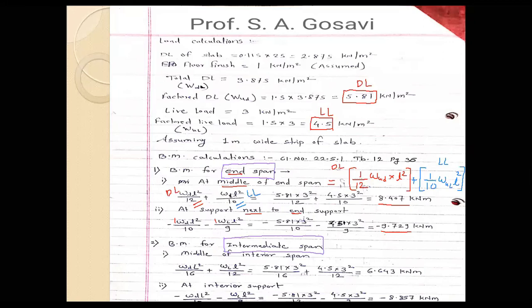So again, we will go to the IS code. You see these coefficients now. For interior span at the center, it is 1 by 16, 1 by 12, dead load and live load. And at the interior support, so intermediate support, it is minus 1 by 12 and minus 1 by 9. So we will move to the IS code again.